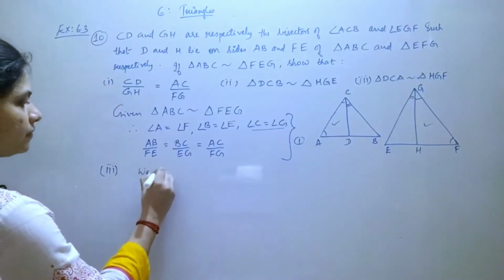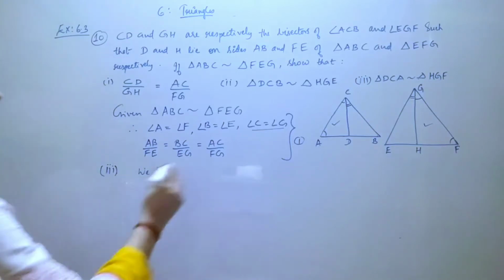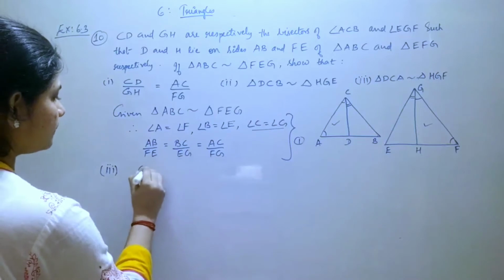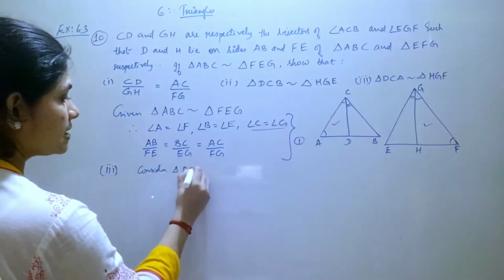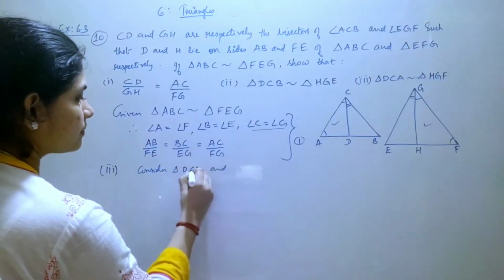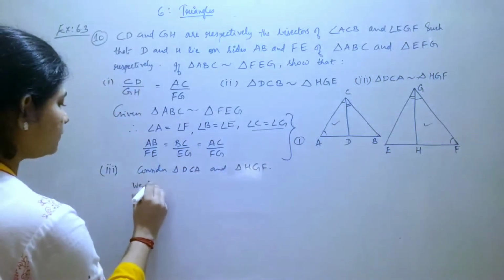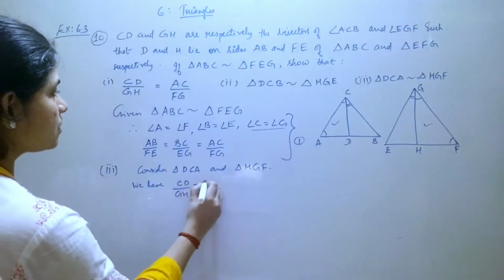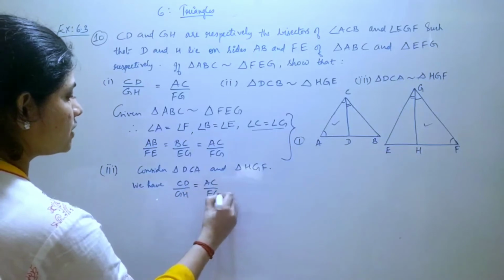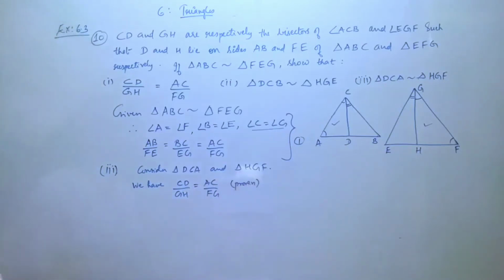So consider the triangle DCA and triangle HGF. Now we have CD by GH is equal to AC by FG. This is already proven in the first one.